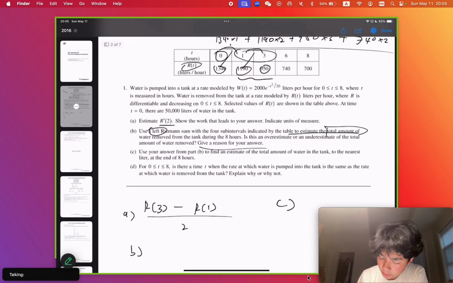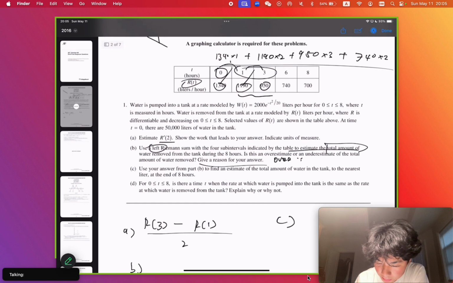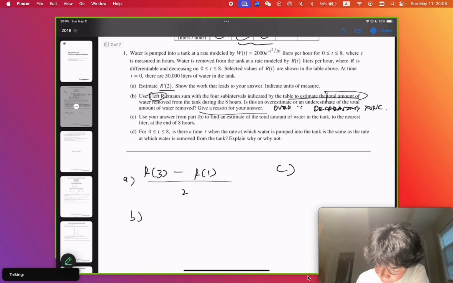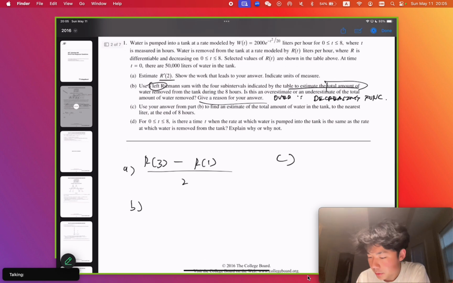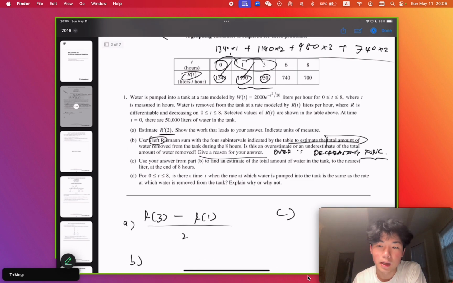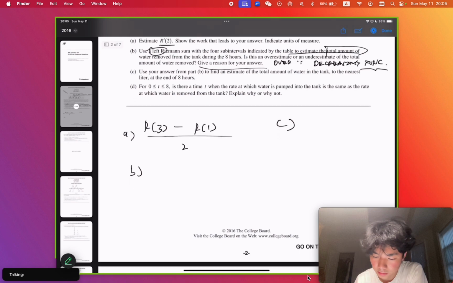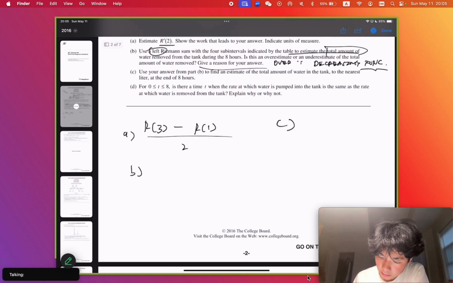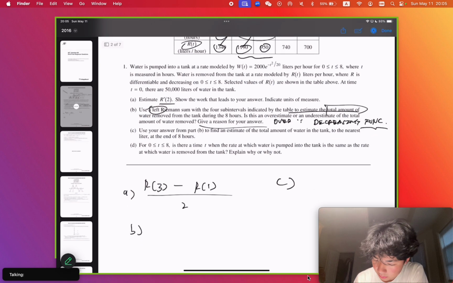Let's just say it is an overestimate because this is a decreasing function. Maybe you can explain more than that, but I think this will just give you the point because it's decreasing. All right, C.